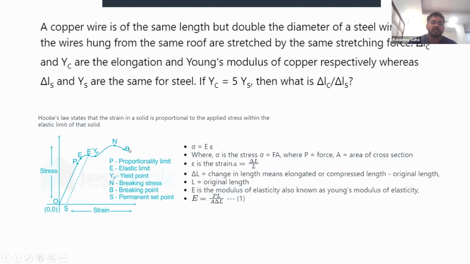This is a typical stress strain curve, and this is a representation of some basic formulas and concepts related to that.